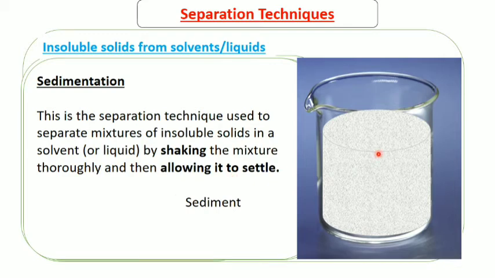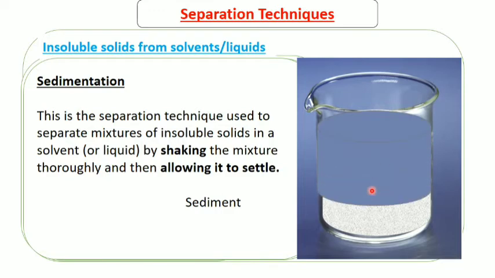So if you have got a mixture like this, let's say this is a cloudy mixture or a suspension of chalk and water, what you do is you shake this mixture, then you leave it here. You allow it to settle. After some minutes, depending on the density of chalk, if the particles of chalk are heavy, they are going to go down fast. But if they're not heavy, it might take time to sink down.